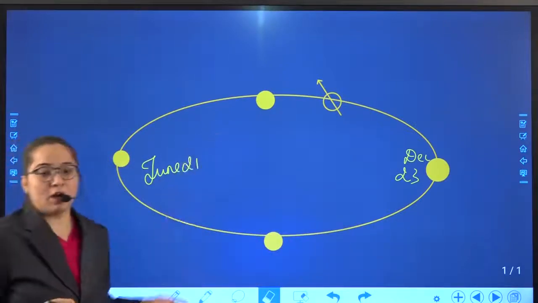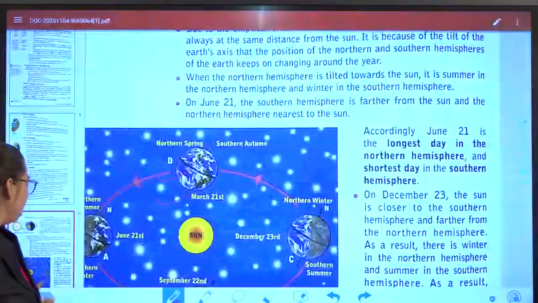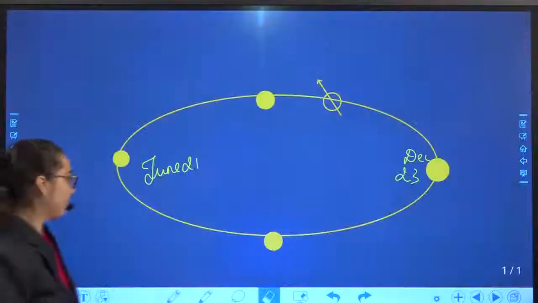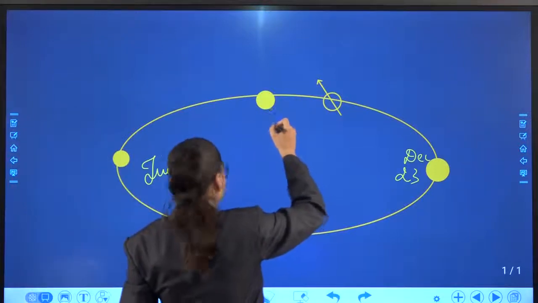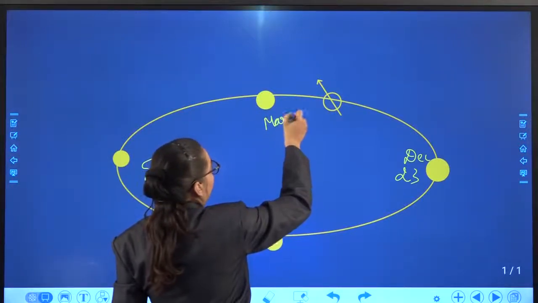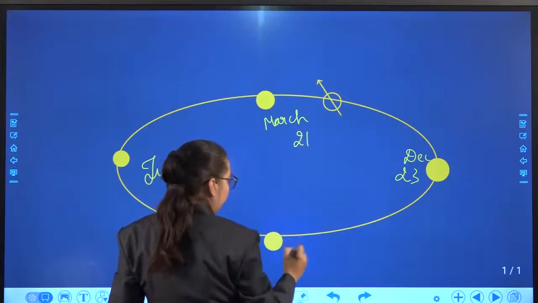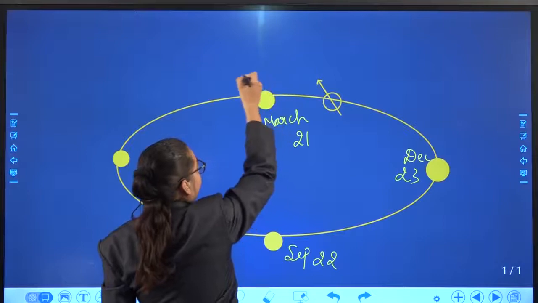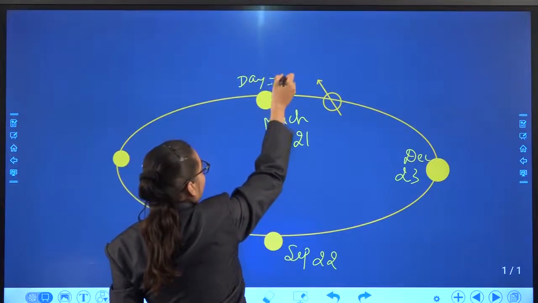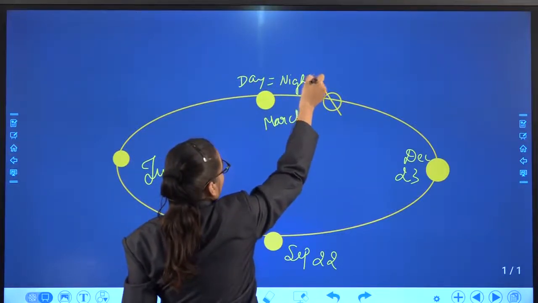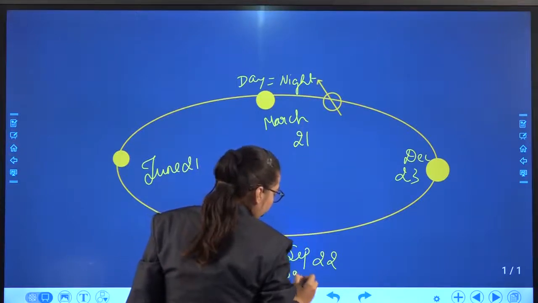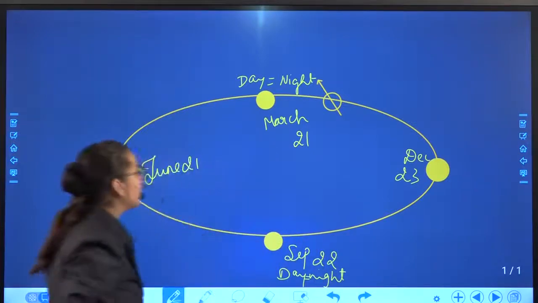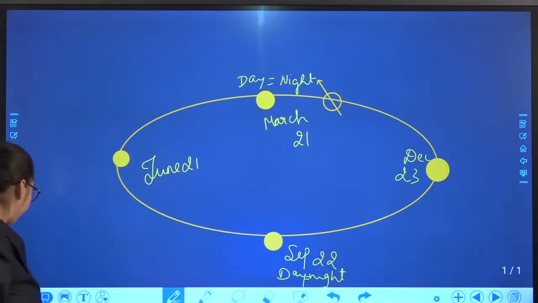And at the top and over here you are having 2 days, which is March 21 and September 22. यहाँ पे day and night will be, ये 2 पॉइंट पे June 21.